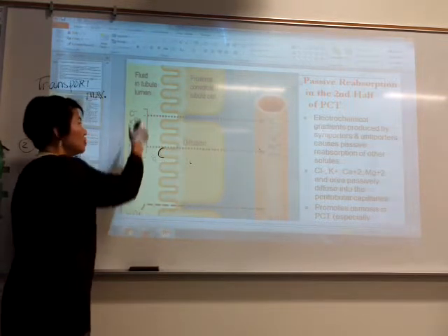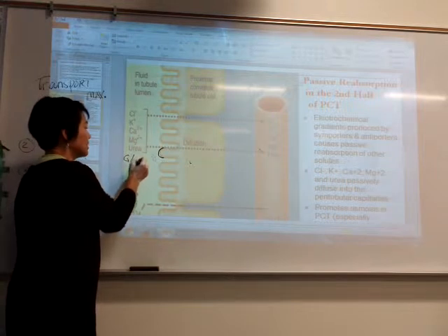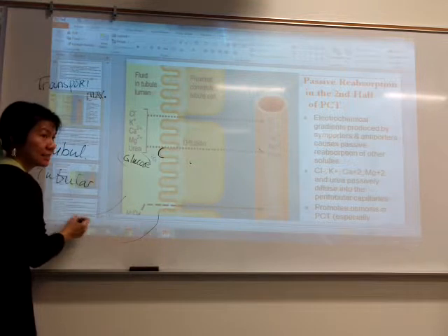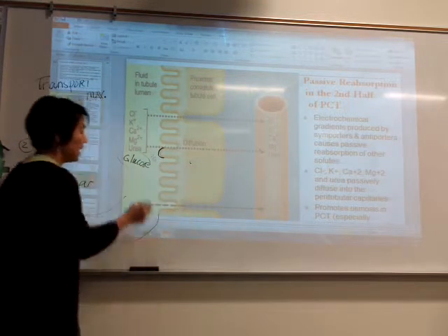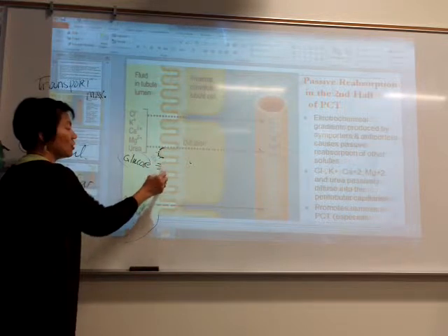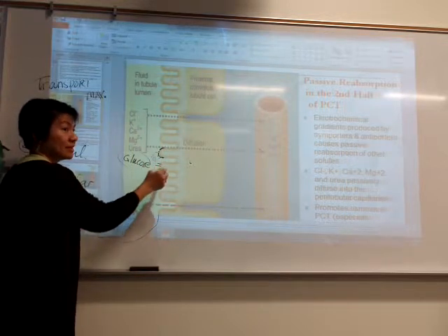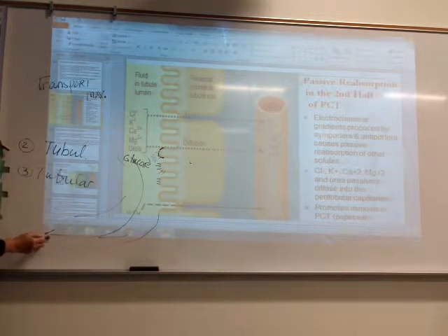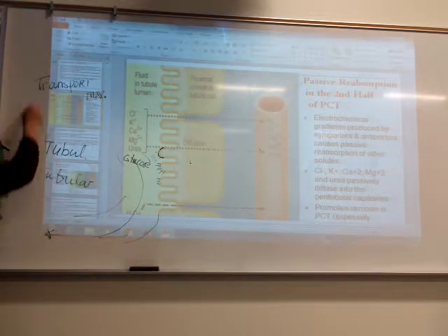If there is too much glucose, this is going to your PCT, isn't it? It's going back to your blood. If there is too much glucose, it is possible that all your glucose channels are filled and some of that glucose will spill in your urine because you filled it.